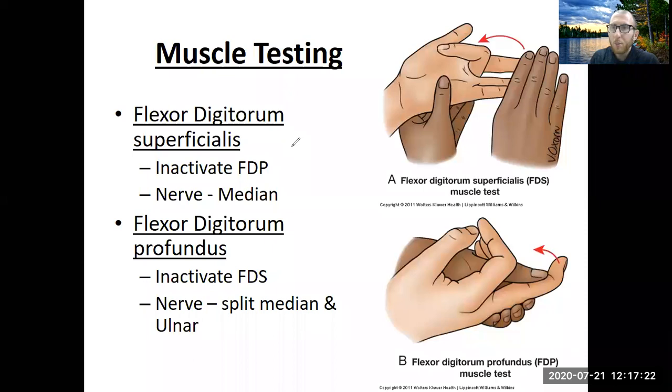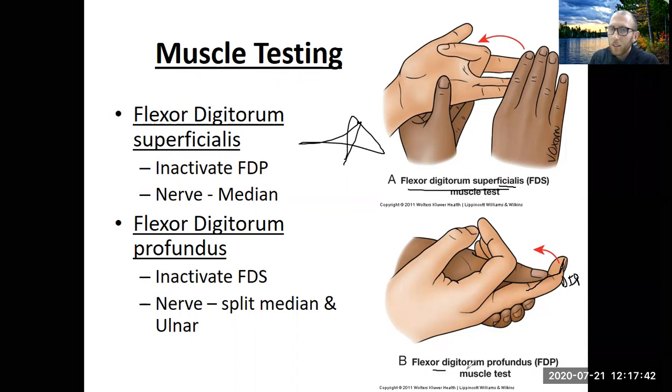Let's talk real quick about muscle testing. The flexor digitorum superficialis versus profundus. Again, if you can do this, then it's your flexor digitorum superficialis. But if you can do this just at the DIP joint, then you're testing your flexor digitorum profundus, because that's the one that flexes the DIP joint.